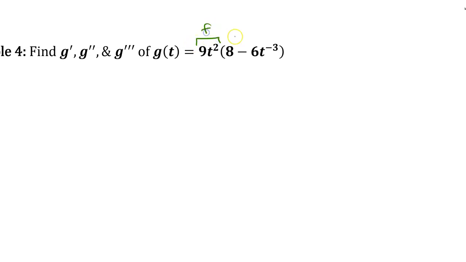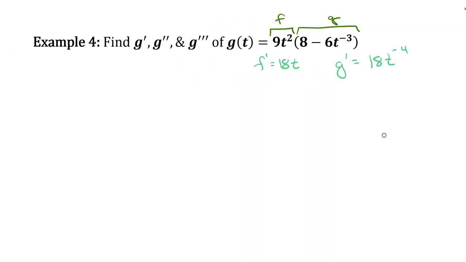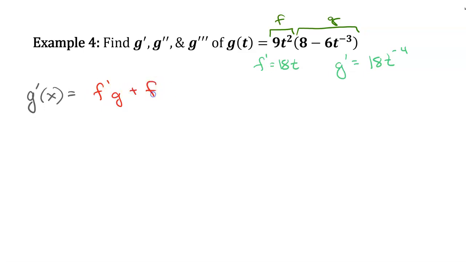If we call this part f and this part g, then f prime would be 18t, and g prime would be positive 18t to the negative 4. Okay, so g prime of x would be f prime g plus fg prime.